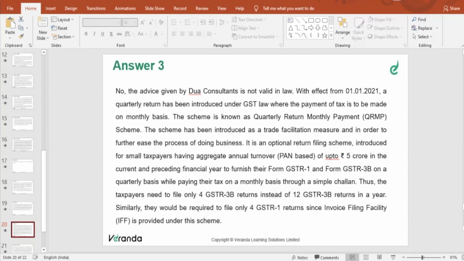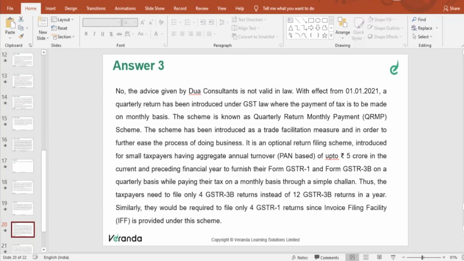Just adding on to it, what about the composition scheme? What happens over there? There's an element in the composition scheme which is different. Tell me what. In the composition scheme, the taxpayer needs to file a quarterly return. That's fine, but I'm talking about the last bit of it.